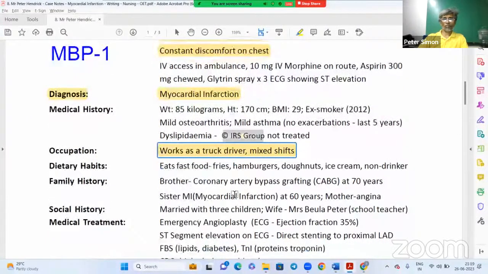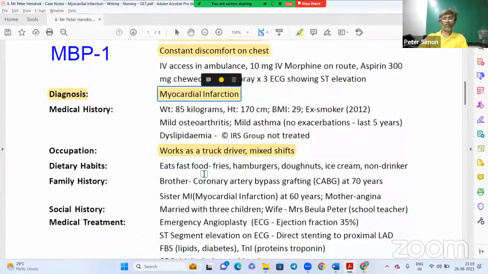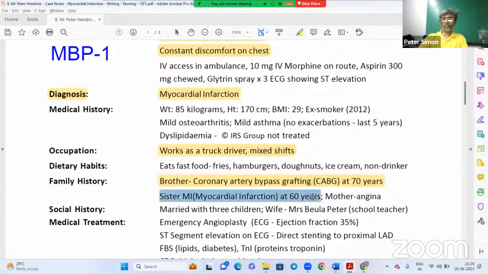Now, the myocardial infarction is related to heart. Brother had coronary artery bypass grafting at 70 years of age. Sister had myocardial infarction at 60 years of age. Mother has angina. So you can see here, strong family history of heart disease.